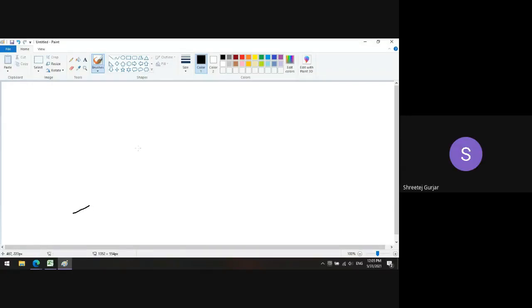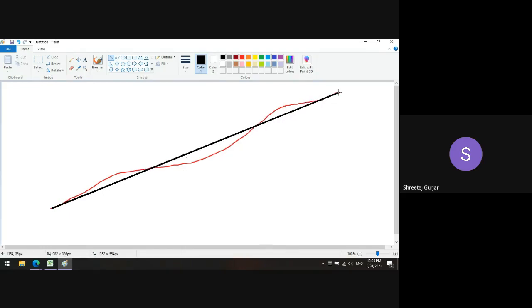So what I'll do is I'll draw your ground level first. I'll take red or brown color to draw your ground level. So consider this as our ground level. Now I'll try to draw your formation level using black color. So this is a formation level.